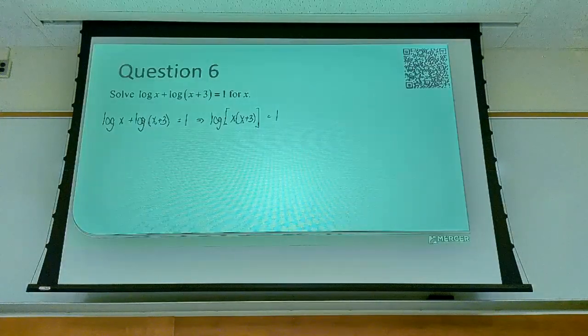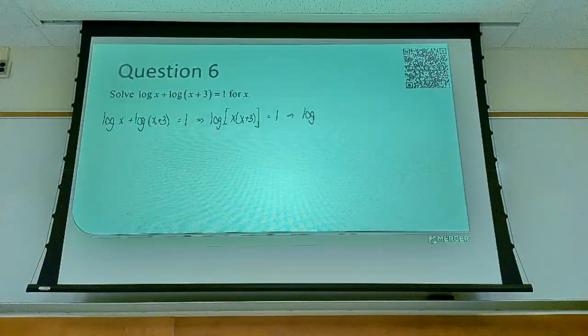Sum of logs, log of the product. Just do that, shoot that x through.